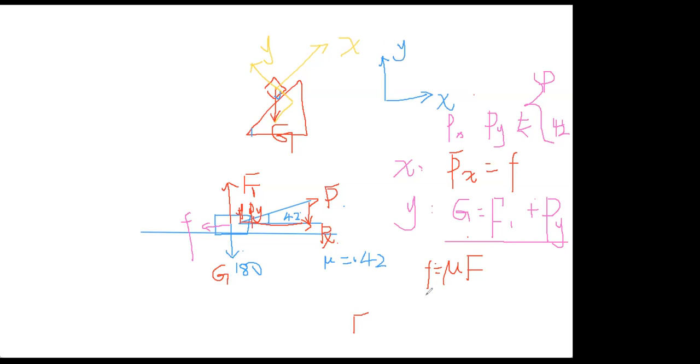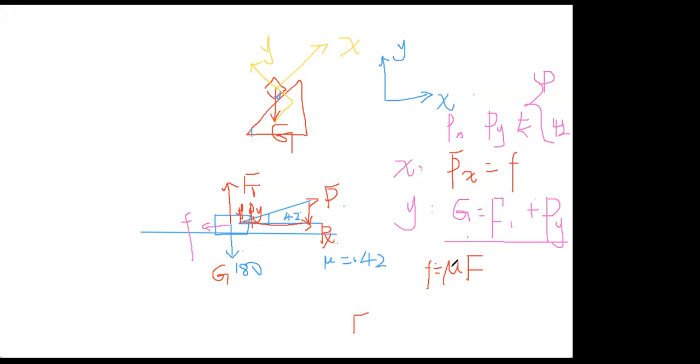So then you can calculate. Okay, let me go quick. 180 minus P sine 42, and times mu, which is 0.42, equal to P times cosine 42.